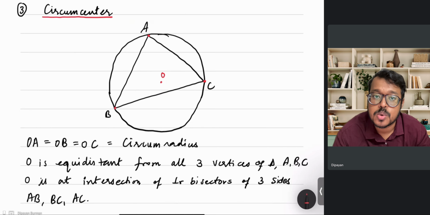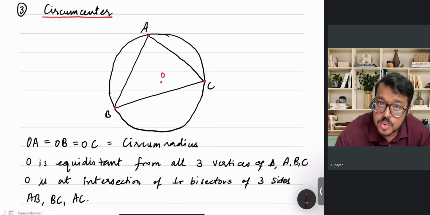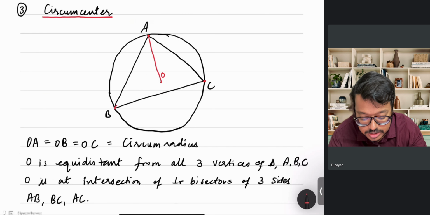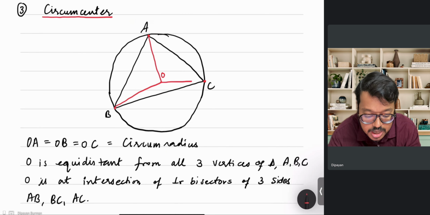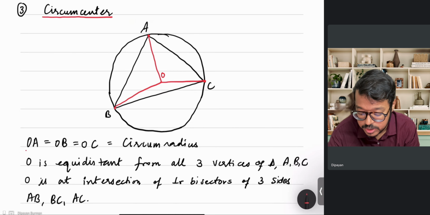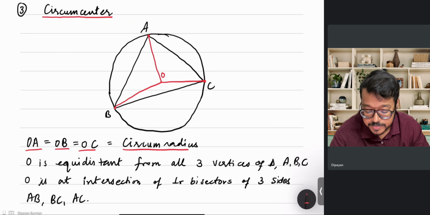Here I have labeled O as the circumcenter. Now, since this circle is passing through all the three vertices A, B and C, and O is the center, OA, OB and OC are the radius of the same circle, which you know is always equal, and that radius is known as circumradius. So that's why OA, OB and OC are all equal, which is the circumradius.